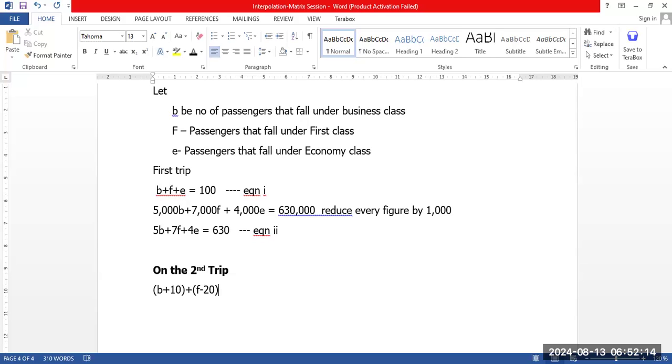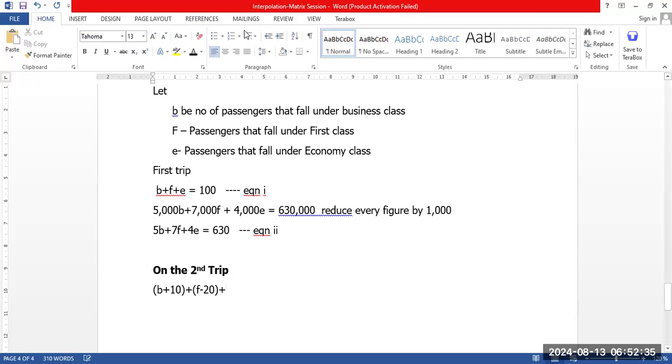Because you don't know the number of passengers. Just that you know that the number of passengers that fall under first class are F. And on the second trip, they are telling you that the number reduced by 20. So to get the new number, we will get F minus 20.